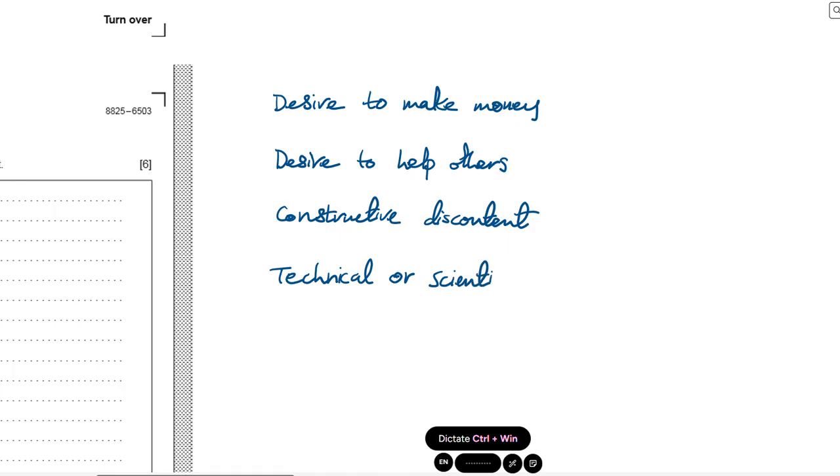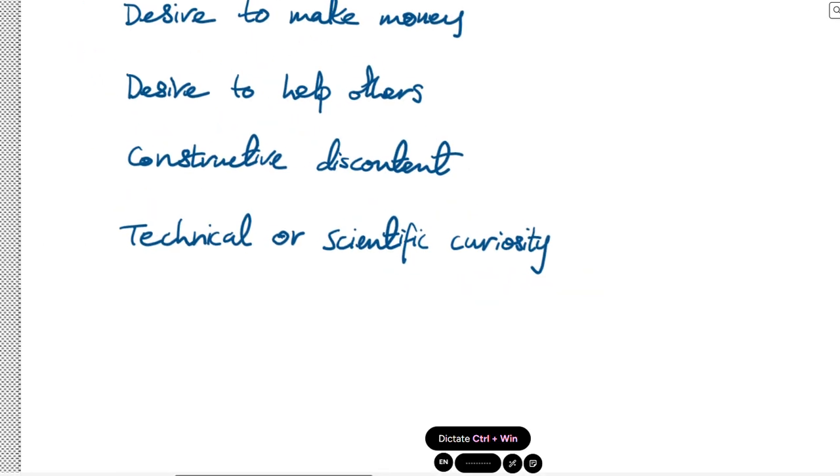Or discovery. So something like Thomas Edison, when you invent something out of scientific curiosity and not necessarily to make an existing solution better or to help others or to make money, but just because you're motivated by maybe learning and building.